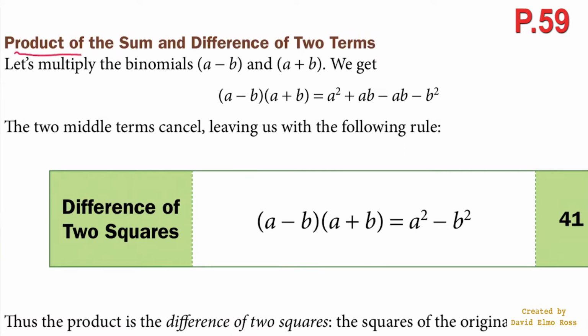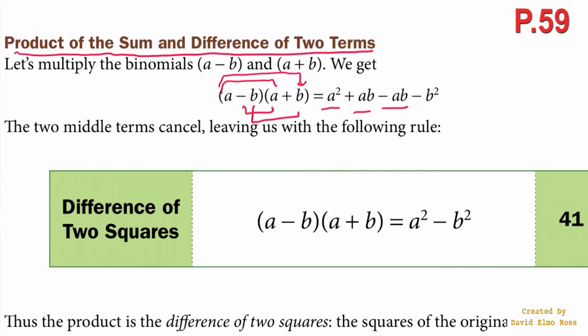Let's take a look at the product of the sum and difference of two terms. So if we want to multiply a minus b times a plus b, what we're going to do is use our FOIL rule. That means first, which is a times a, which is our a squared. Outside, which is a times b. And then inside, which is minus b times a.